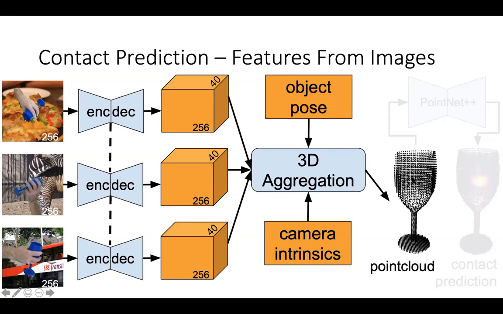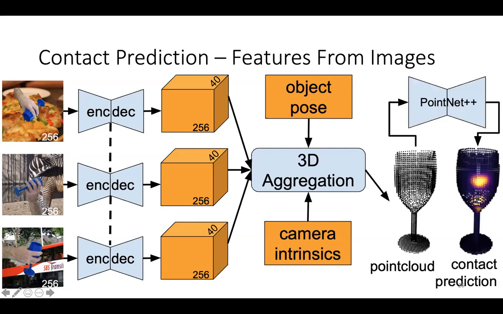So for each point in the point cloud, you see where it was projected in these images and just copy the feature from there, and if a point is visible from multiple images, you average out those features. So after doing that aggregation, you again have features associated with points in the point cloud, and then you can use existing methods to predict contact.